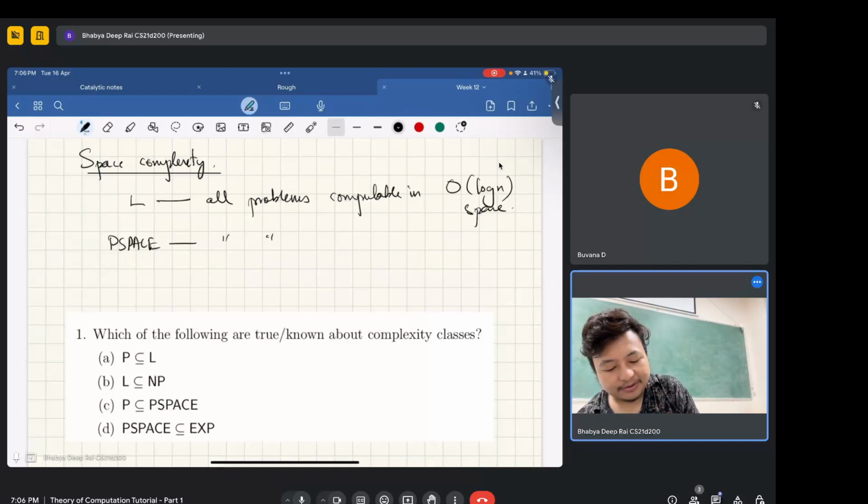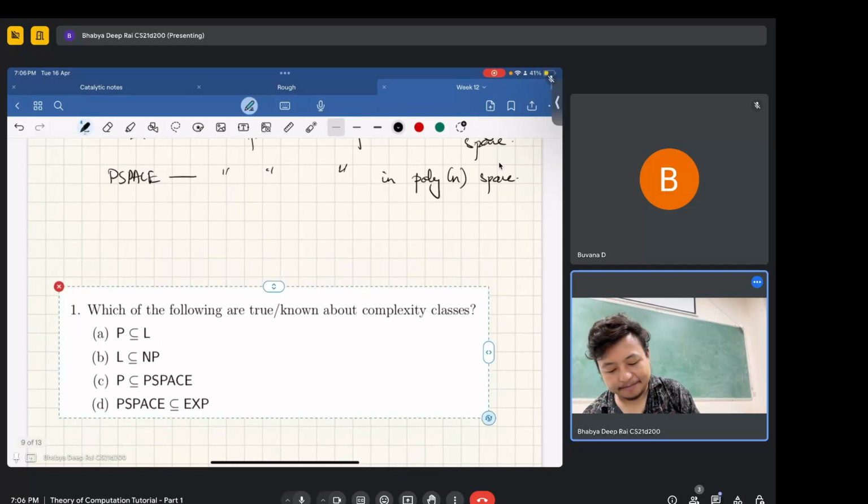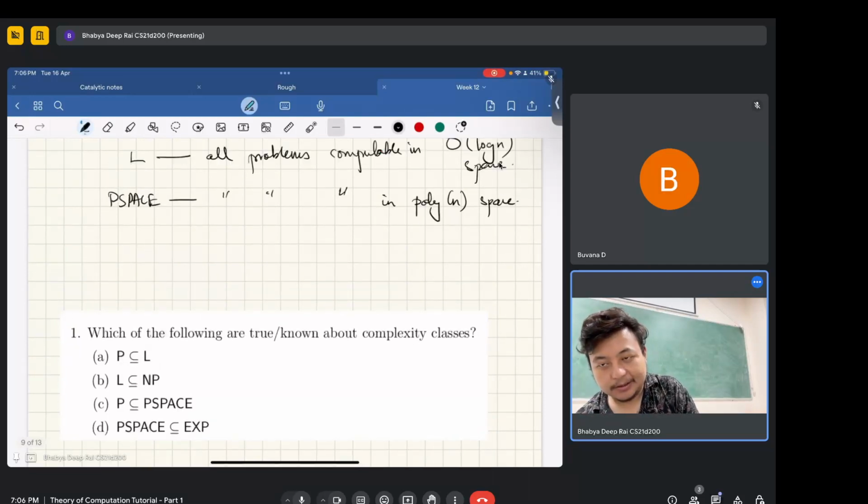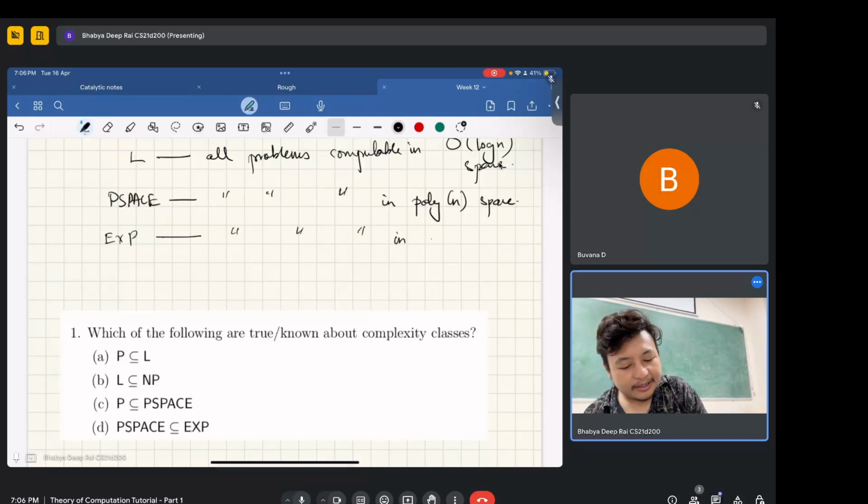All problems computable in polynomial space. And next, EXP is all problems computable in exponential time, not space. There's something called EXPSPACE also, but it's out of scope.